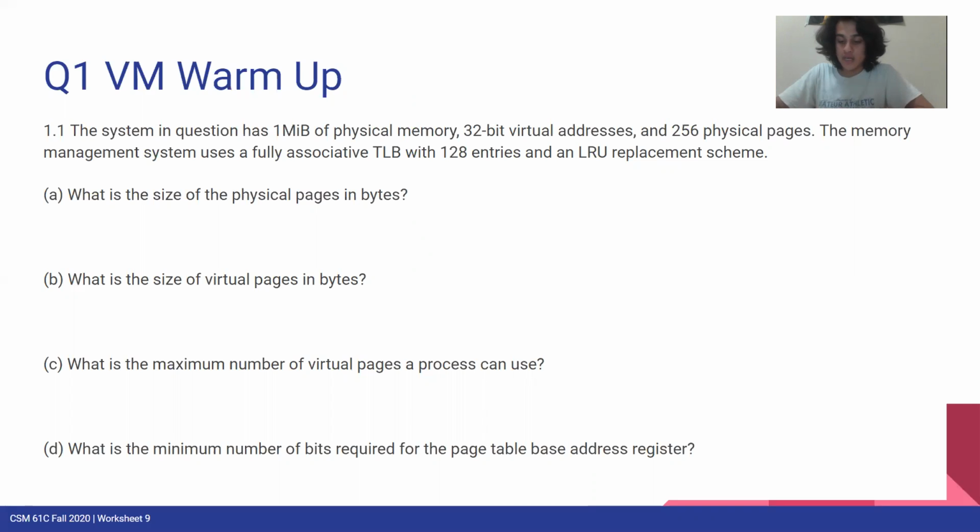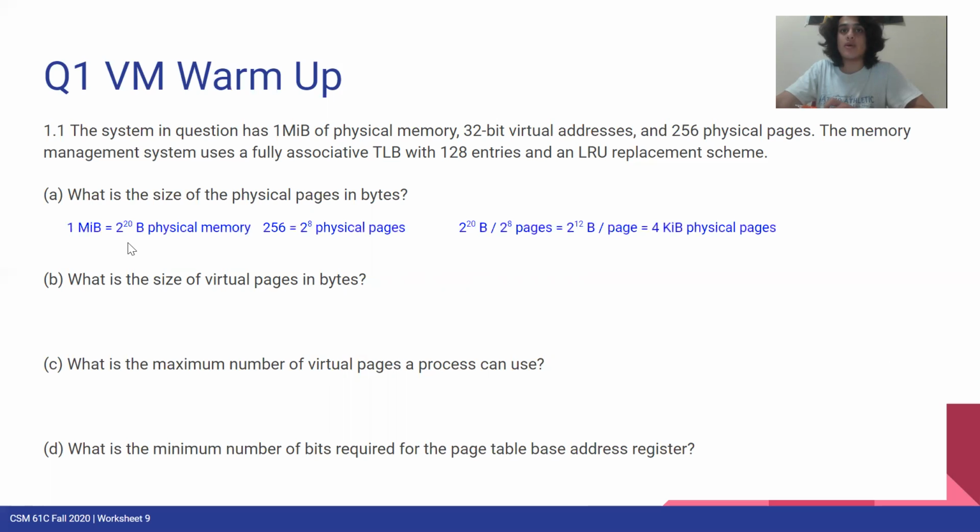Knowing that, the size of our physical page can be determined from the data given here. 1 megabyte is 2 to the 20th bytes of physical memory. And then we have 256 pages, which means we have 2 to the 8th pages. The size of our physical pages is calculated by our physical memory divided by the number of pages we have, and that gets our page size, which is 2 to the 12th, which is 4 KB.